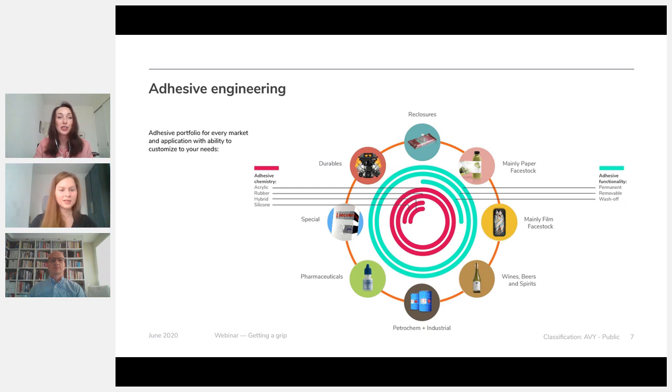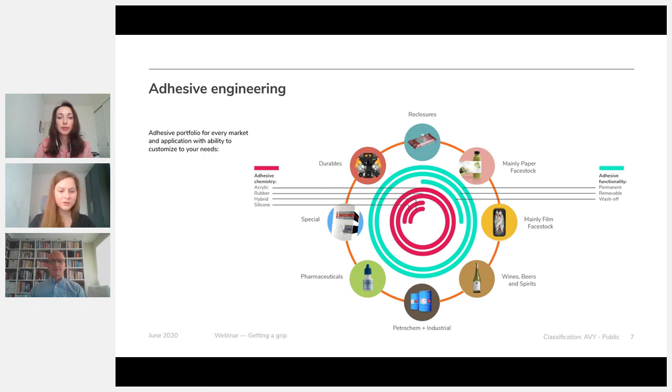Yes, absolutely. We've just shared polls with you. You are able to see them once you scroll down below the screen. Next to the question box, you can click polls, and you can see 3 questions popping up. The first one is, what challenge do you face when selecting an adhesive for an application? Please vote now.